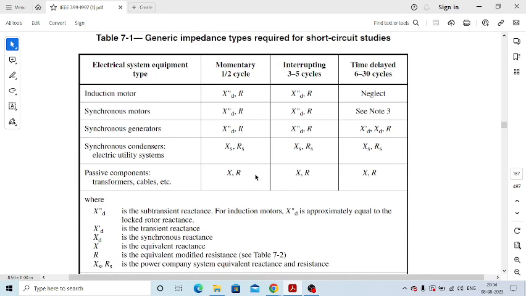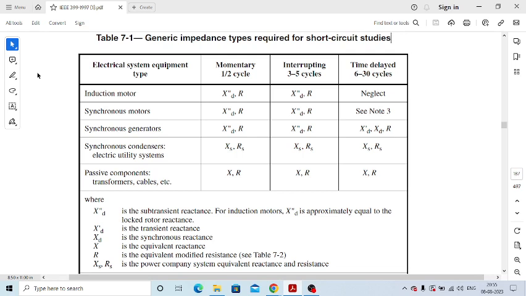Okay, now you can see this table on generic impedance required for the short circuit studies. If you have studied the power system analysis subject in your BTech or MTech course, in short circuit studies we might have studied that there are three periods in the short circuit current.